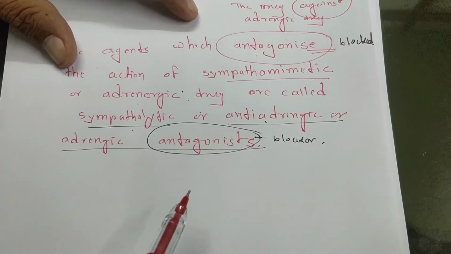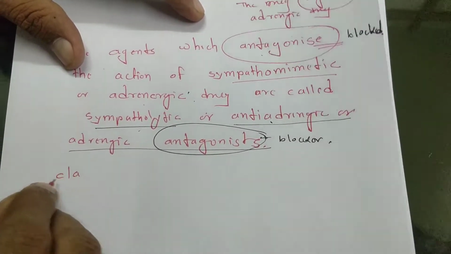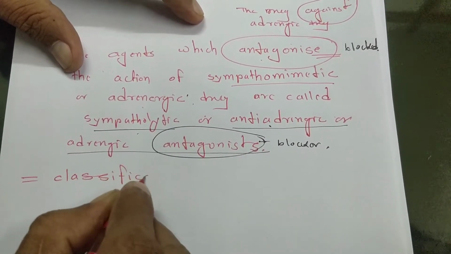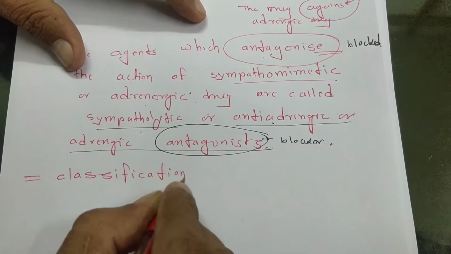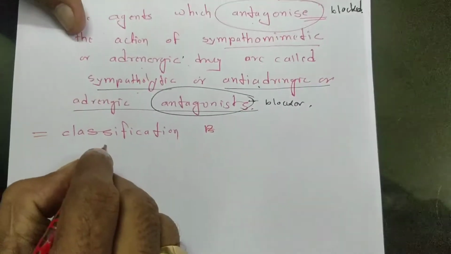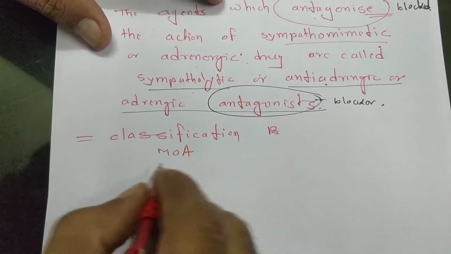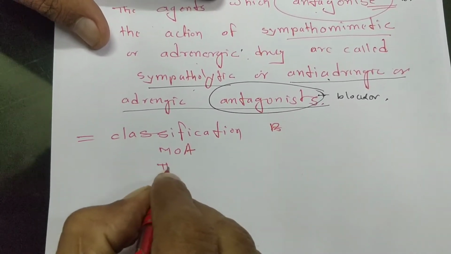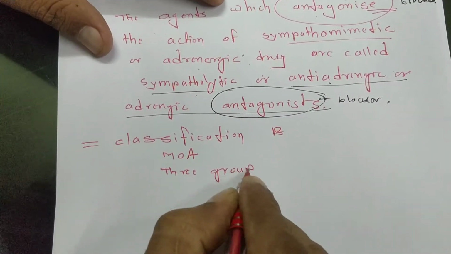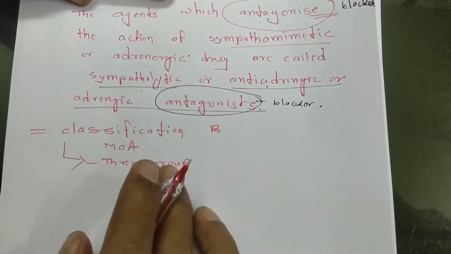Now the classification based on the mechanism of action. The drugs can be classified into three groups.